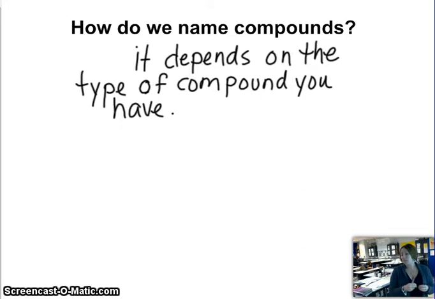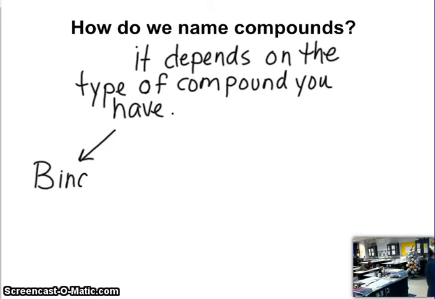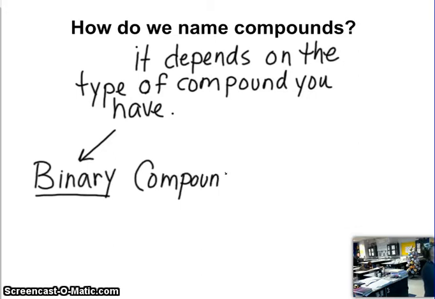The first type of compound we're going to talk about is a binary compound. Binary compounds are compounds that contain only two elements.